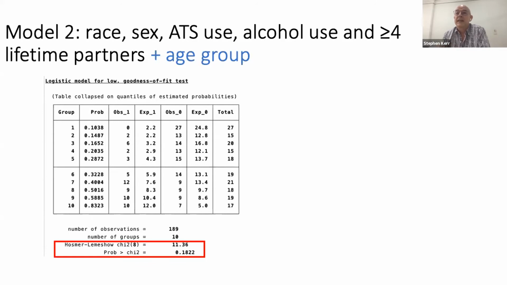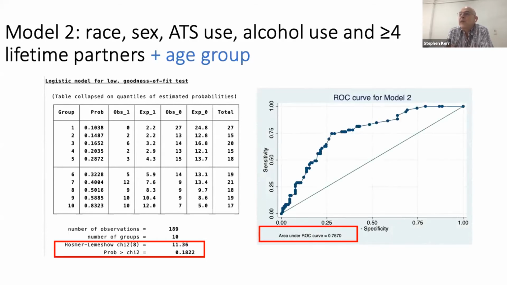And again, we see that the Hosmer and Lemeshow goodness of fit test indicates the model fit is adequate. This time, the area under the ROC curve is 0.76. So we've got a 3% increase in the discriminative ability of this model to classify people as having the event or not.